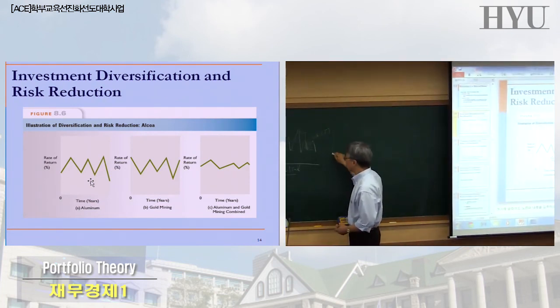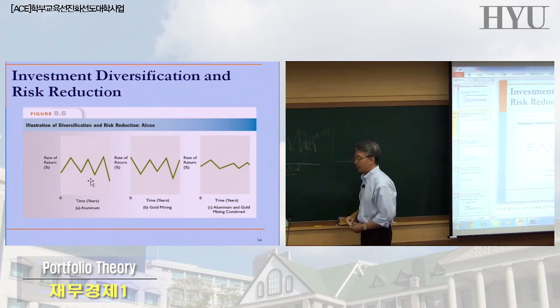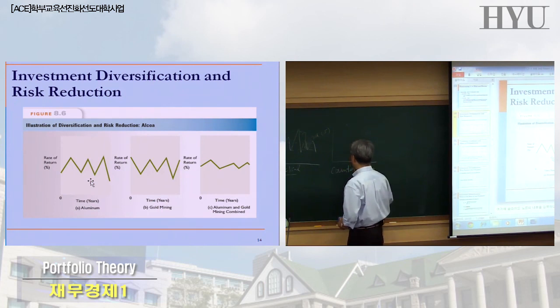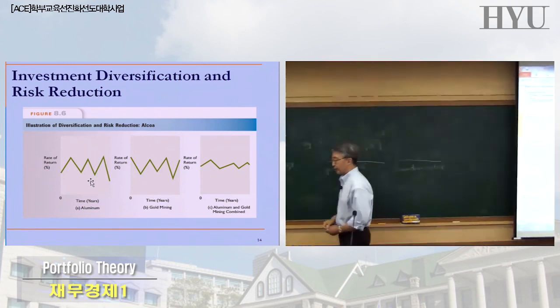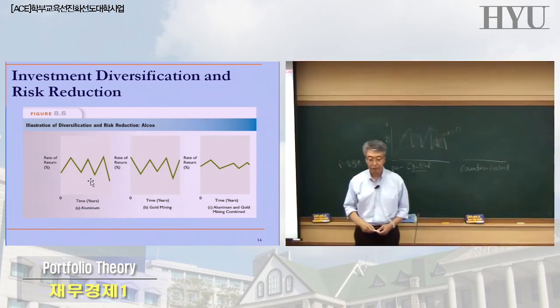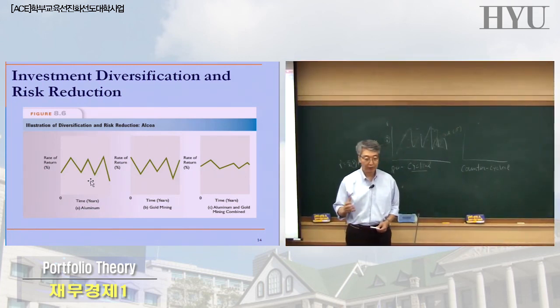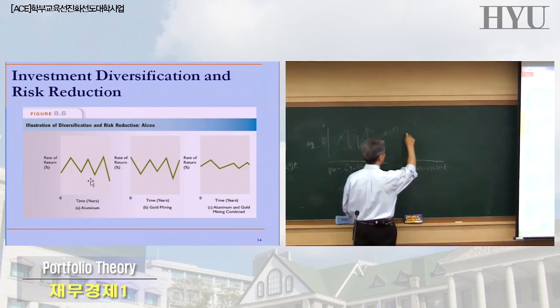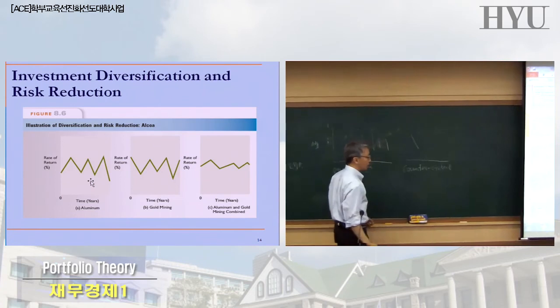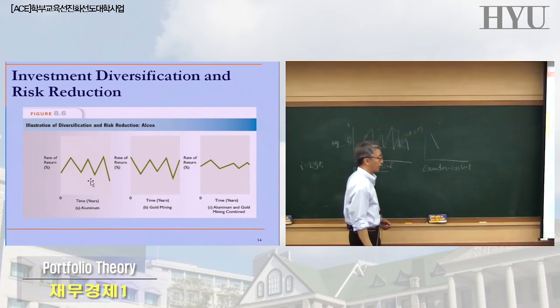But we can also think about some items that are counter-cyclical. Counter-cyclical means this item changes in the opposite way. When the economy goes up, the sales and return from this item go down.